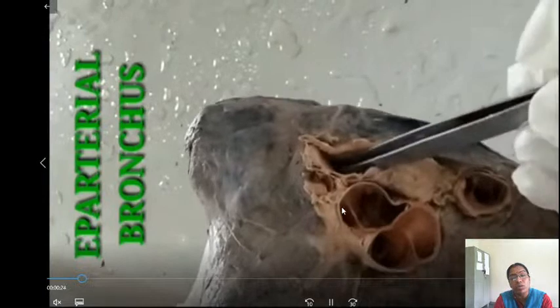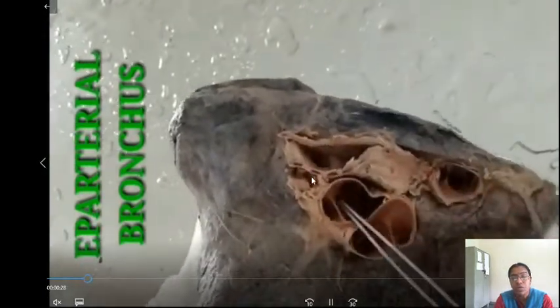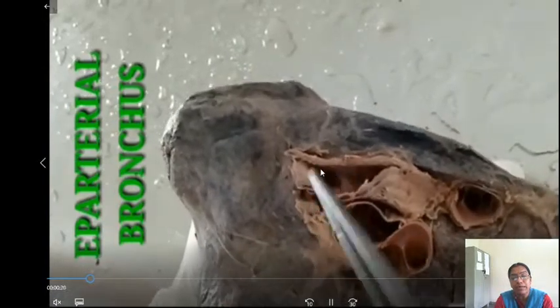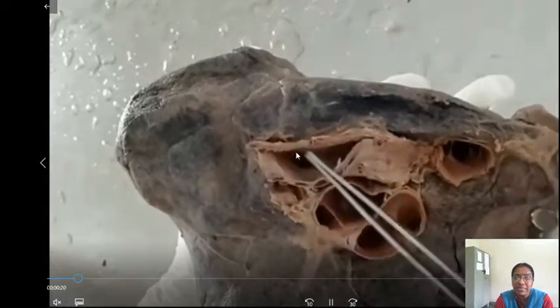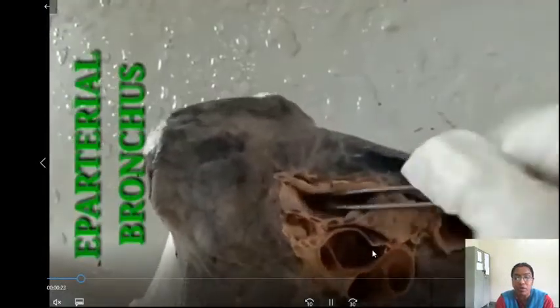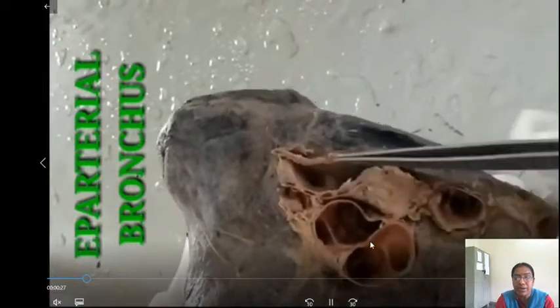On the right side, in the principal bronchus, there are two things. One is called the eparterial bronchus, because it is present above the artery, in relation to the pulmonary artery.